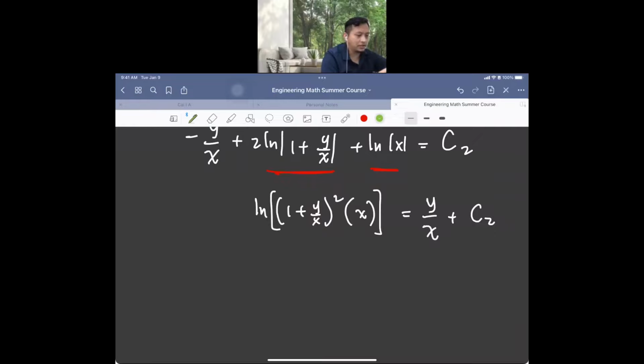And this will be 1 plus y squared over x squared plus 2y over x, divided by x.